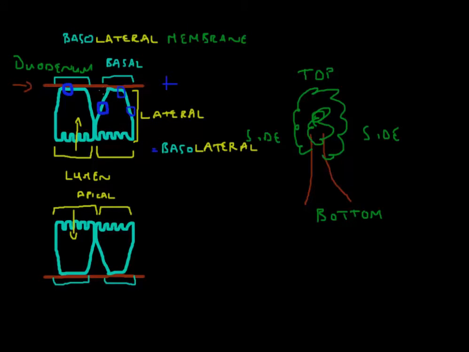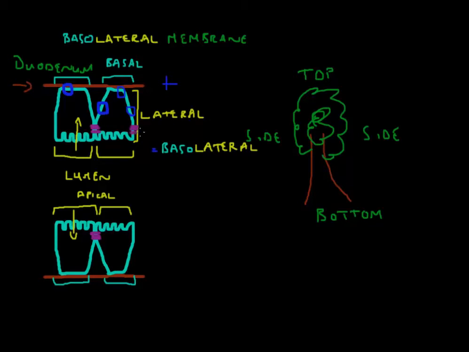So these molecules can move around inside this membrane quite freely, except of course nearer the top here, because in this area you have what we call tight junctions, where the cells are connected to each other. So the molecules that move around will not move over the tight junction, but they can move around everywhere else.